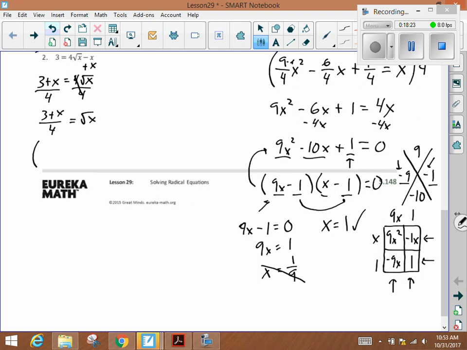And when I square that, I'll have 3 plus x divided by 4 squared equals x. And this is where things get super fun, right? I'm going to go ahead and rewrite it up here.